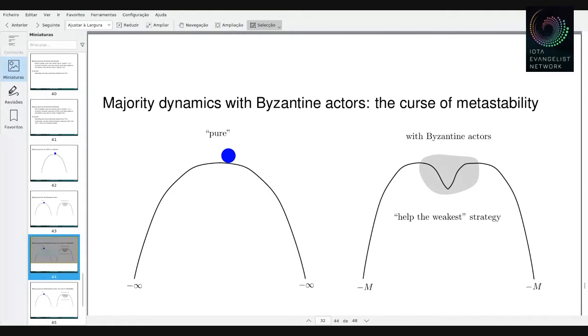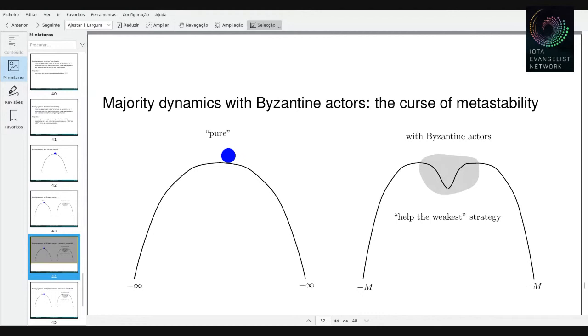Then the opinion 1 is prevailing a little bit among the honest nodes. The Byzantine actors will create a drift towards the center. If the opinion 0 is prevailing at the moment, then they will create a drift here towards the center.